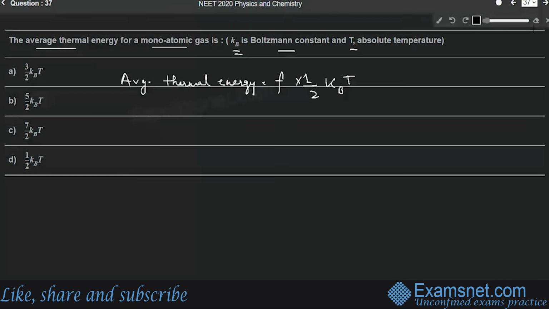So degree of freedom for a monoatomic gas is 3. So it will be 3 into 1 by 2 Kb T. So it will be 3 by 2 Kb into T. So out of the given options, option A will be the correct answer.